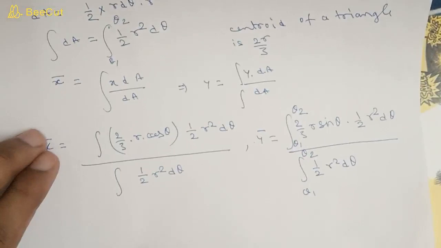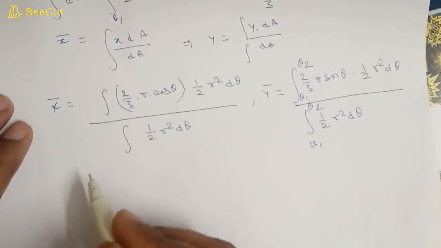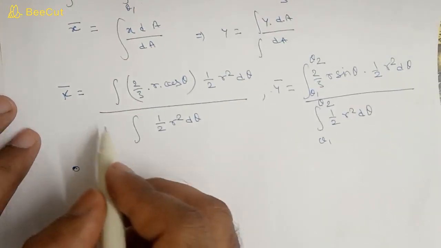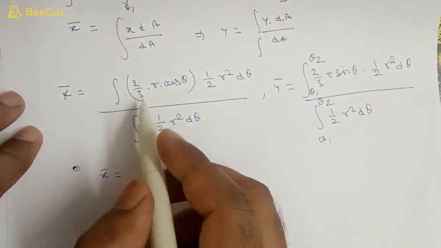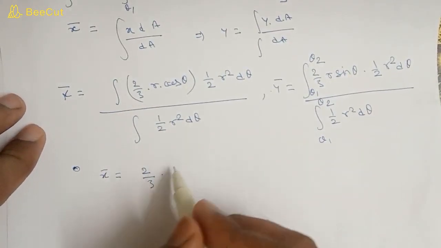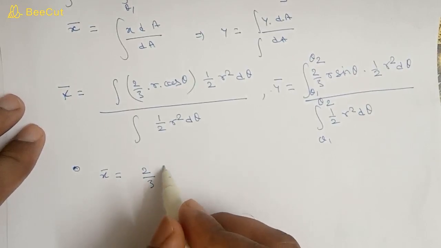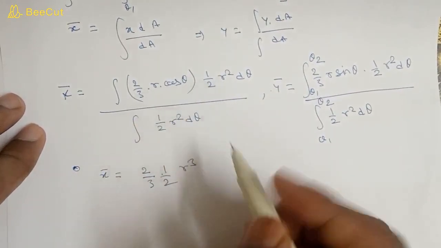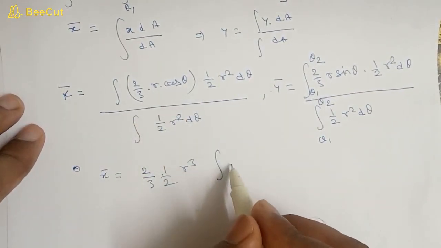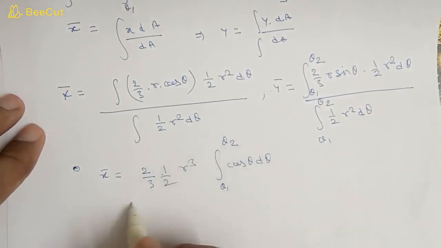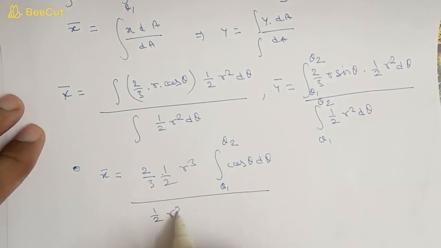So suppose this is a quarter circle. First of all we will simplify this x bar by taking coefficients outside of the integration. So I will have 2 by 3 into 1 by 2 into r cube, r into r square, and within the integration we will have cos theta d theta, theta 1 to theta 2, divided by half r square into d theta, theta 1 to theta 2.